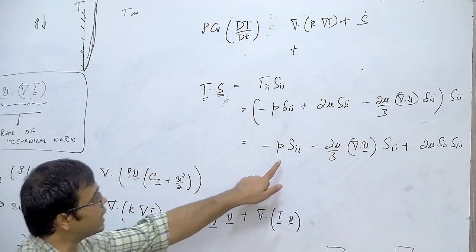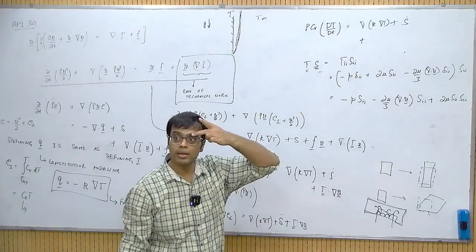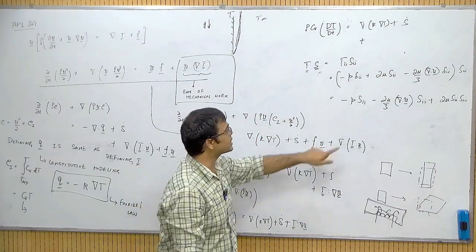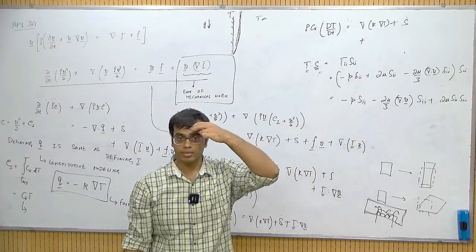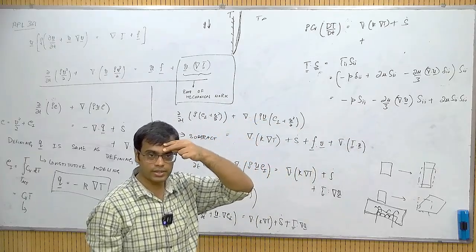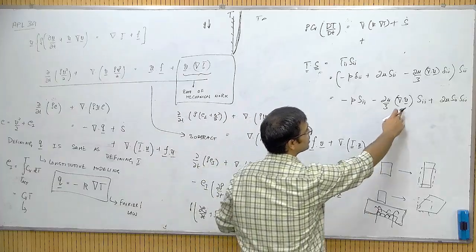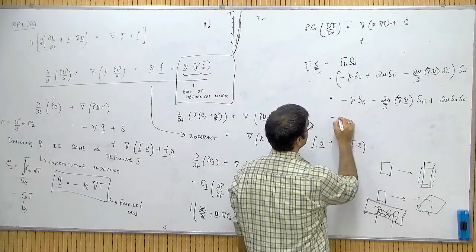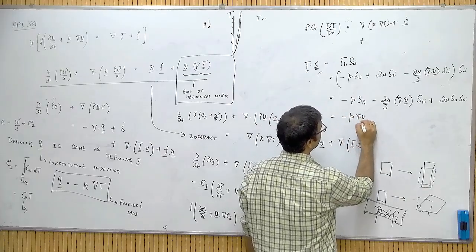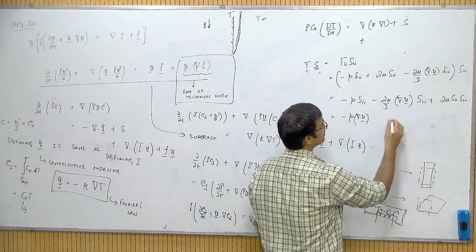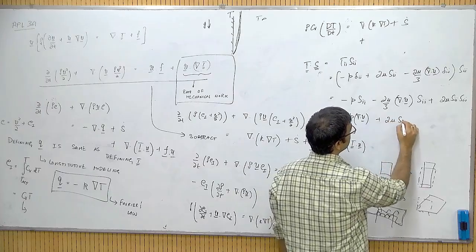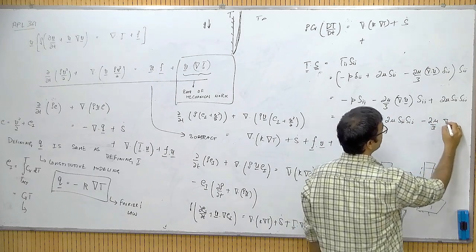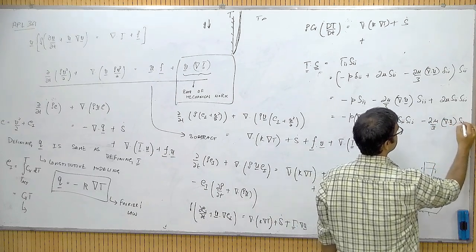What is Sii? This is not delta ii, this is Sii. S was the symmetric part of the velocity gradient. So Sii is simply the divergence of velocity, right? It is the trace of that. So it is minus P del dot U, and then we have plus 2 mu Sij Sij minus 2 mu by 3 del dot U Sii.